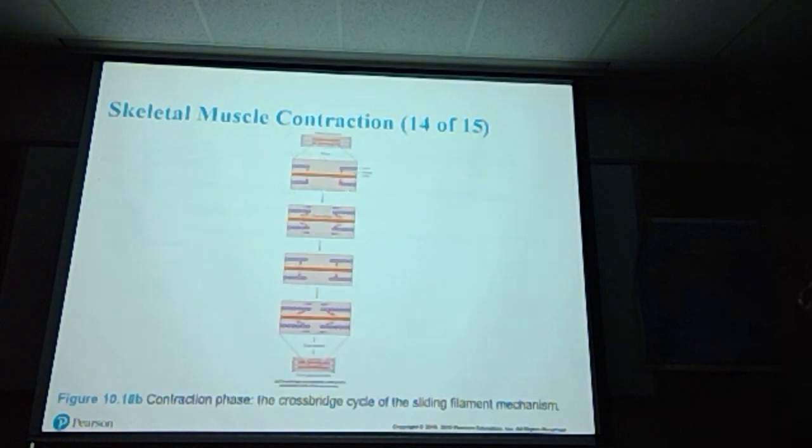So again, there is this power stroke bringing these things closer together. There it's attaching to actin number 1, then actin number 2, then it will connect to actin number 3, sliding this thin filament over the thick filament.